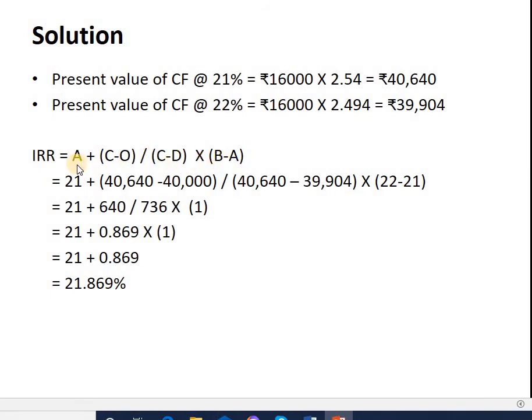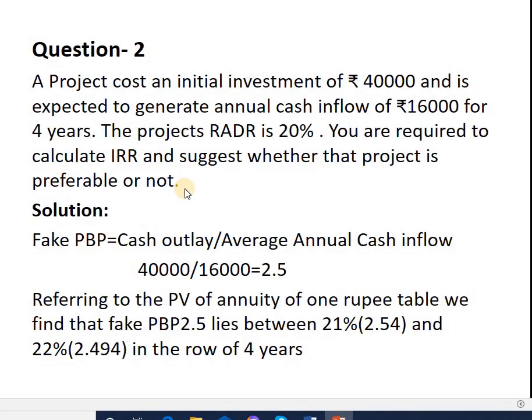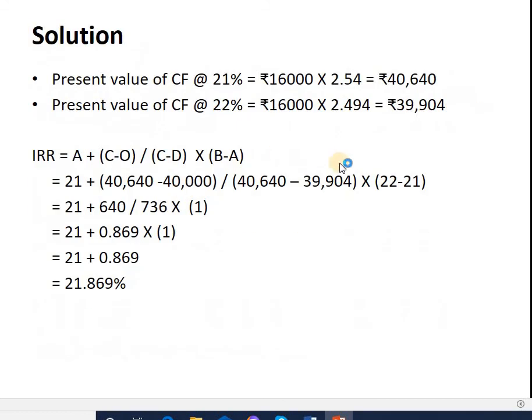A is the lower rate of interest, that is 21%. C is the present value at the lower rate, 40,640. O is the outlay, the cash outflow. D is the present value at the higher rate, 22%, that is 39,904.